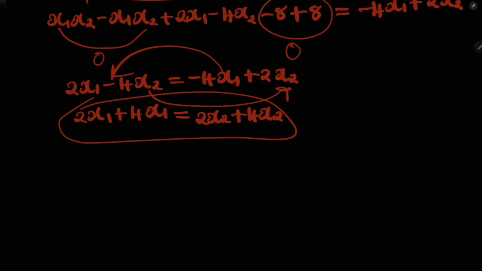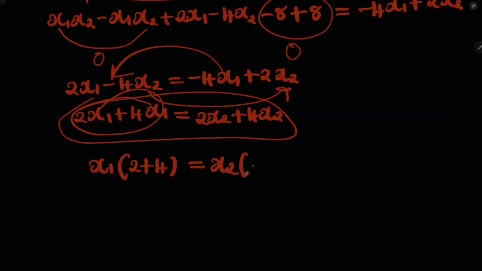So what do we do here? We can factor out x1, and we'll be left with 2 plus 4, right? Equal to, here we factor out x2 into 2 plus 4 again. So what's 2 plus 4? That is 6.